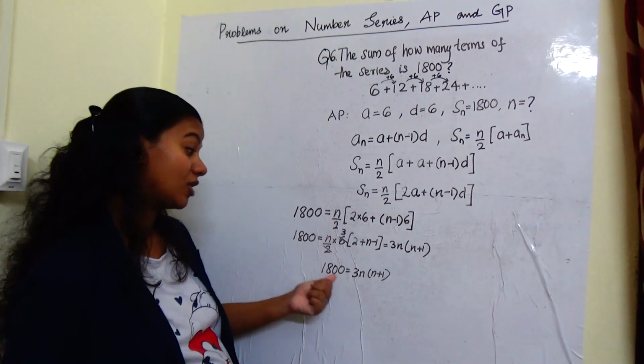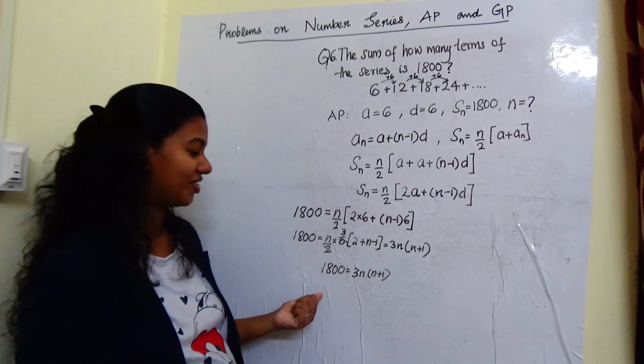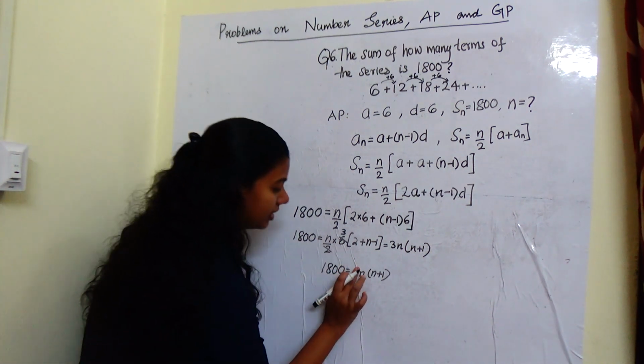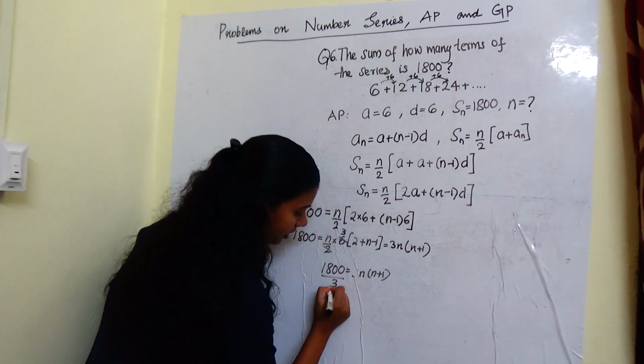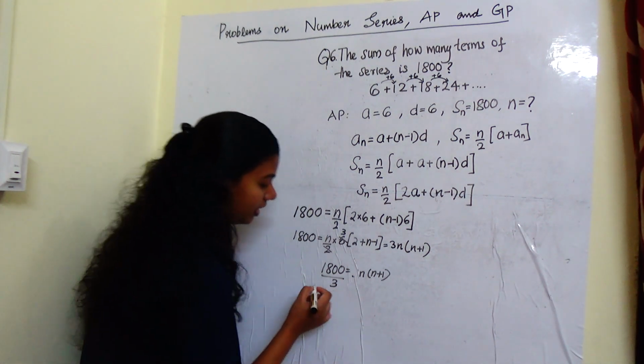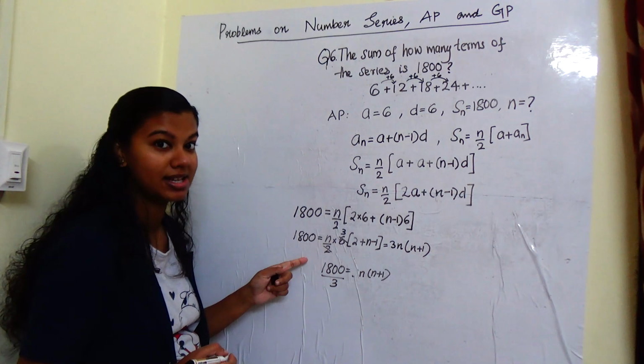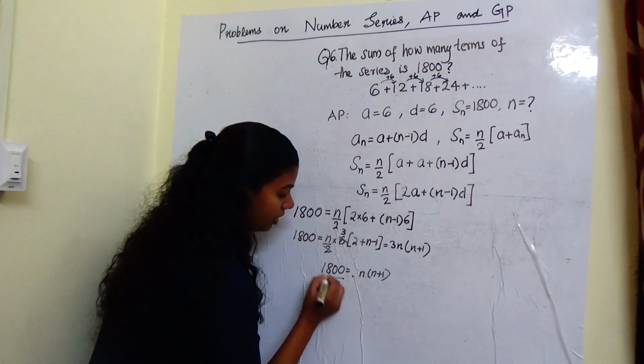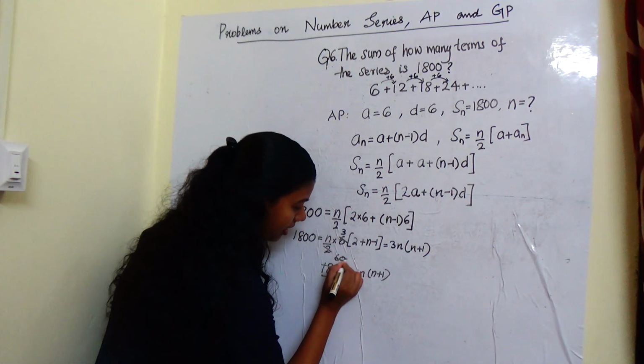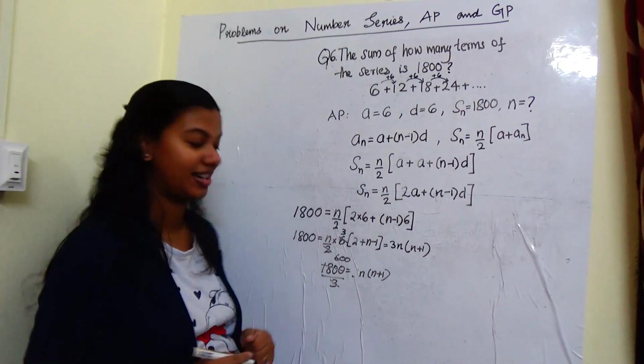Now 1800 is divisible by 3, okay? So I just bring this 3 down and I just cross it. 3 into 6 is 18. So if I cross here, I'll get the value 600.